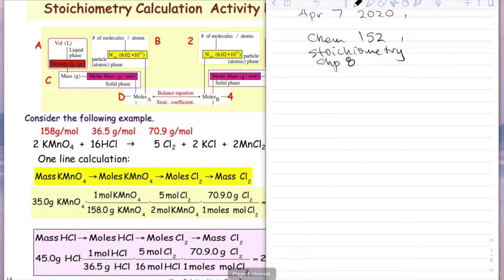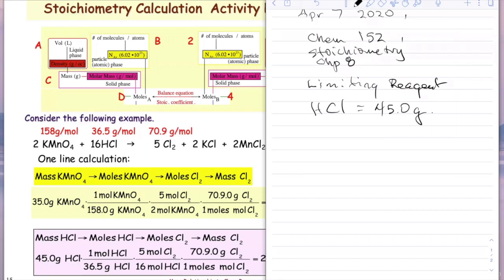So basically, we know that our limiting reagent is going to be hydrochloric acid. And the amount of hydrochloric acid is 45.0 grams. So that's my limiting reagent.